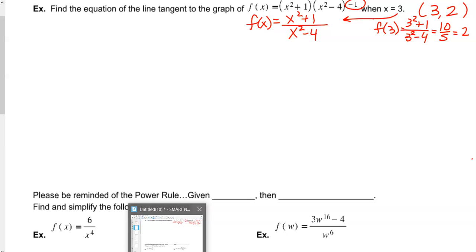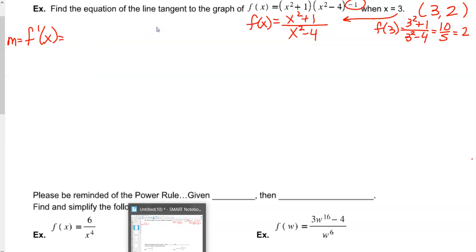But I still need the slope of my tangent line. So that slope of that tangent line is going to come from finding the derivative of that function. So this is a quotient, so we're going to end up doing our little ho-de-hi, or you can do the formula. Doesn't matter to me.